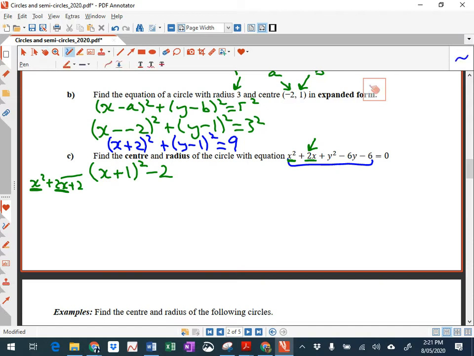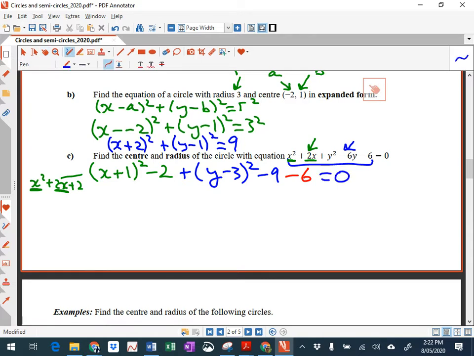Then plus, now it'll be y, half the coefficient of -6 is -3, and I'm going to square that. And again, if I expand y minus 3 all squared, I'm going to end up with an extra term, which is +9. So I've got to subtract the 9 there. Then on the end, I have -6, the constant term, and then equal to 0.